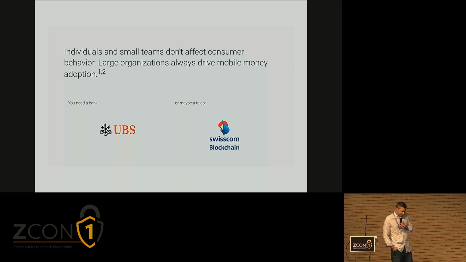So in my case, I was looking at getting banks and telcos working together. But unfortunately, this is pretty tricky to accomplish. So the question for me then is, what really comes next? How do you move this ecosystem forward?